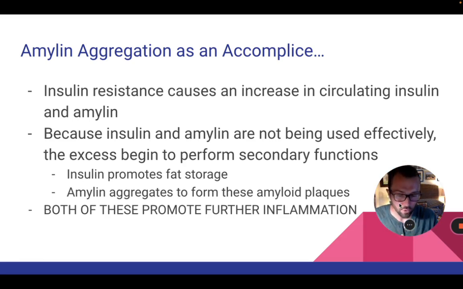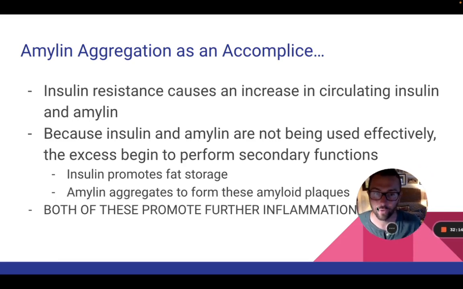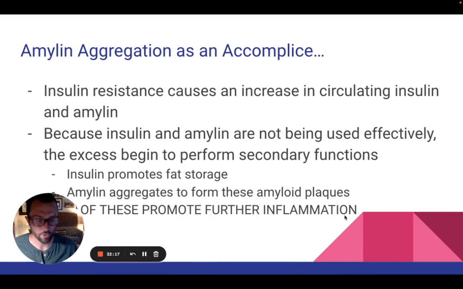So not only is that inflammation continuing, causing these conditions to occur, but once the new conditions occur, the insulin overproduction and the amylin overproduction, the byproducts of those are even furthering the inflammation happening. So it is just piling on the sources of inflammation in the body. And, as you can tell in our healthscape right now, we're kind of drowning in it. We don't know how to get rid of all this inflammation.